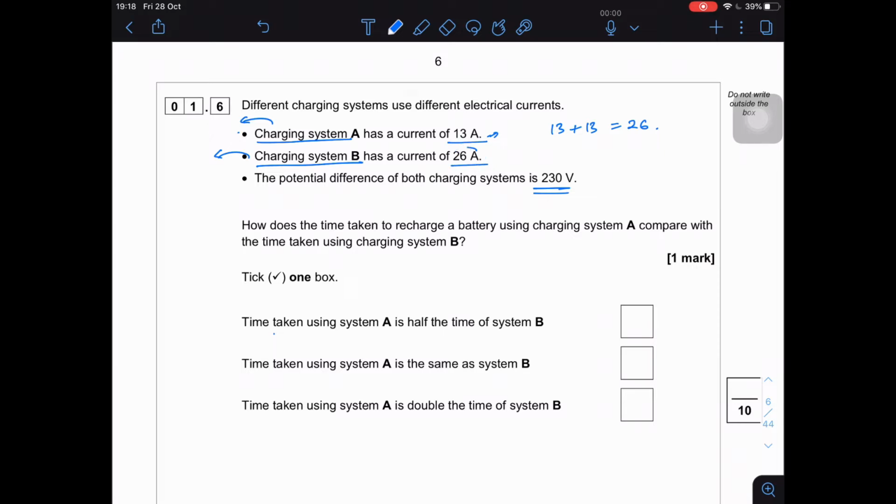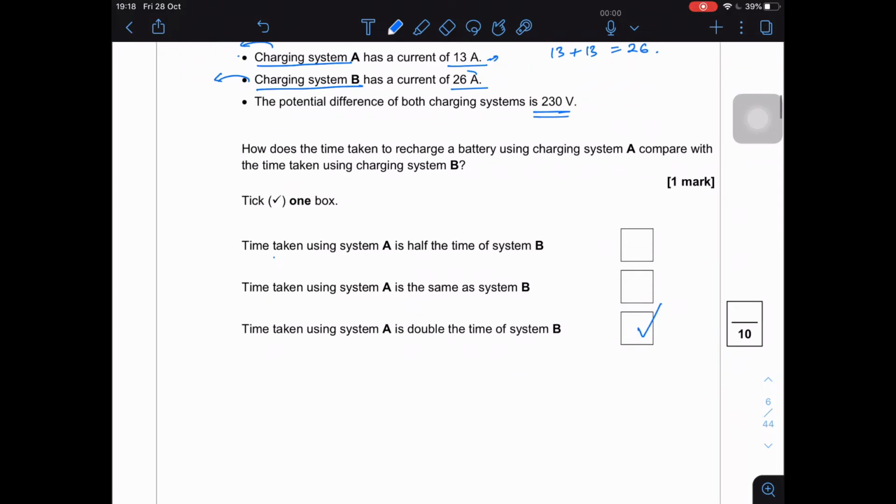So double the time will be needed for charging system A. Just have a think about which will take longer: if I am pouring 13 mils of water into a cup and 26 mils of water into a cup, which will take more time? A will take more time because it's putting in a little bit, little bit, whereas in B it's double faster, right?